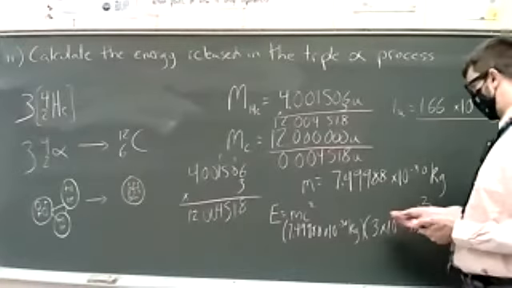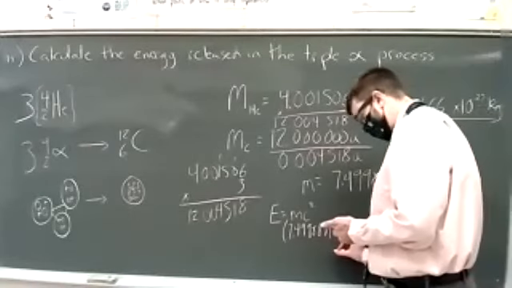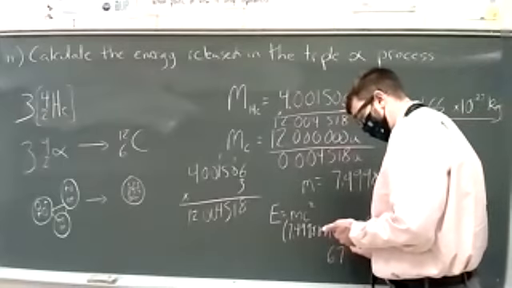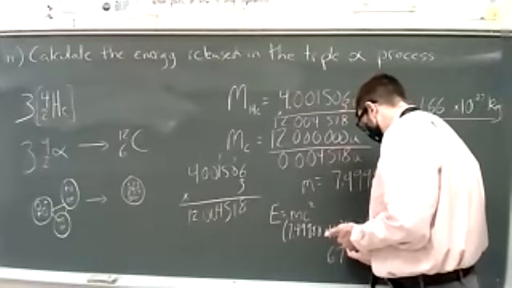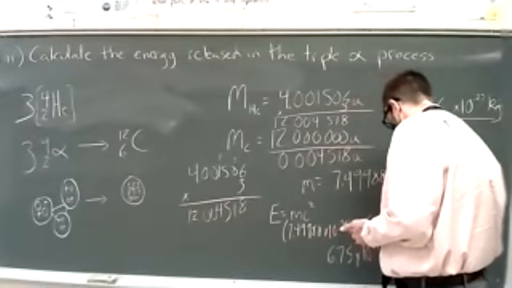So this would be 16, so that makes sense. Now on my calculator, I decided to use a calculator for this one. 6.75 by 10 to the negative 13 joules.